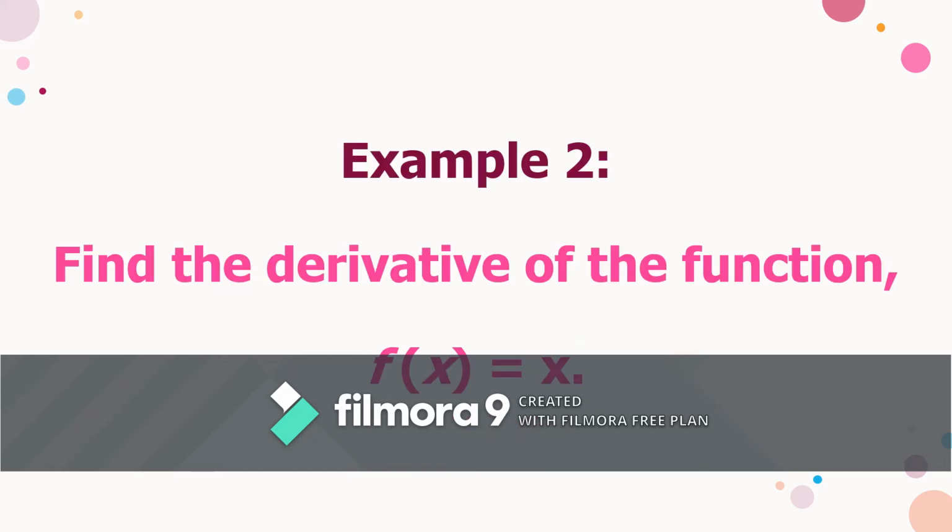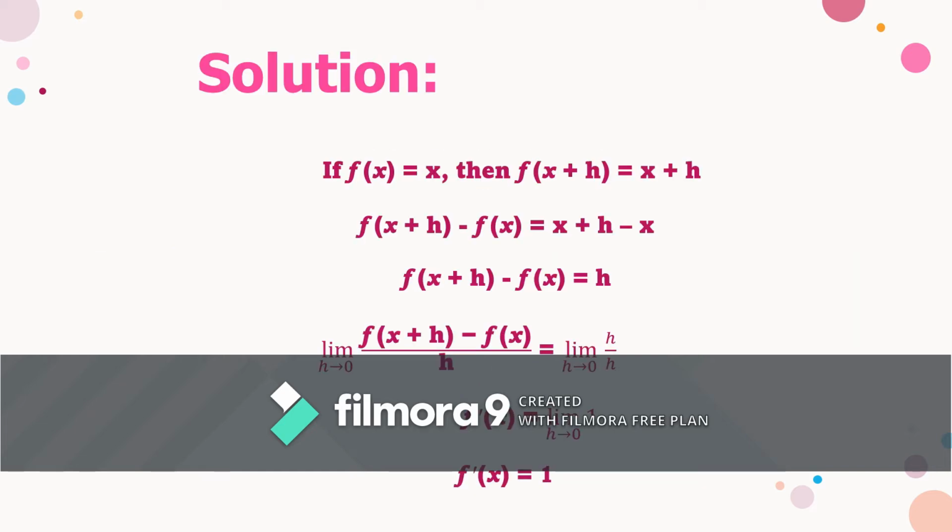Second example, find the derivative of the function f of x equals x, still using the four-step rule. Solution. If f of x is equal to x, then we have f of x plus h is equal to x plus h. Let's focus on the right side of the equation.